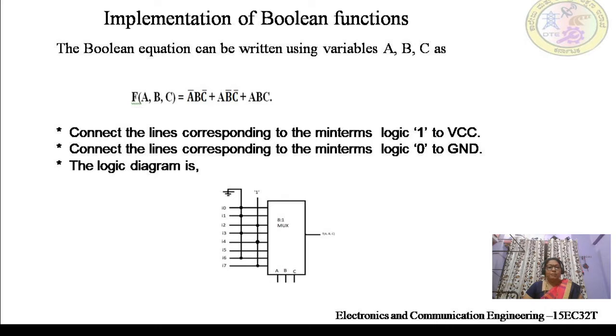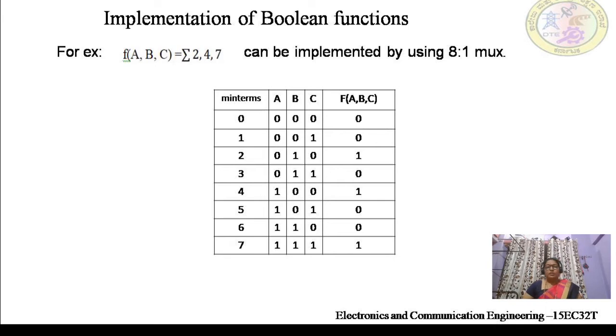So here a bar b c bar represents 2, a b bar c bar represents 4, a b c represents 7. See, now first we have to construct the truth table.